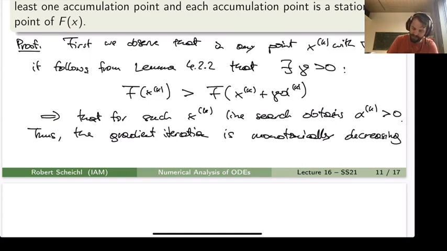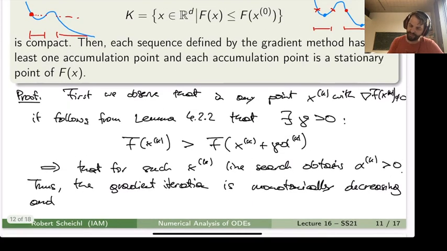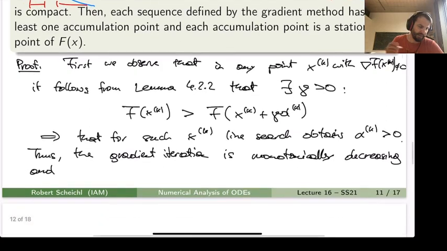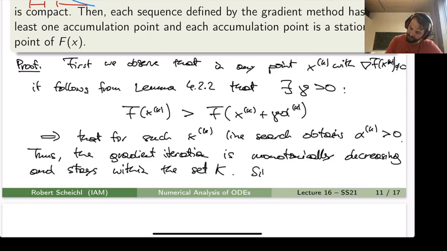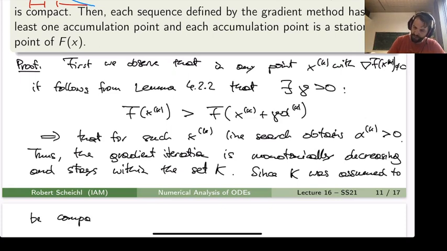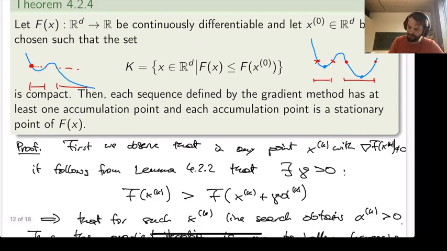and it stays within the set K, the set of all values where f of x is less than f of x naught. Sorry, it has nothing to do with compactness.